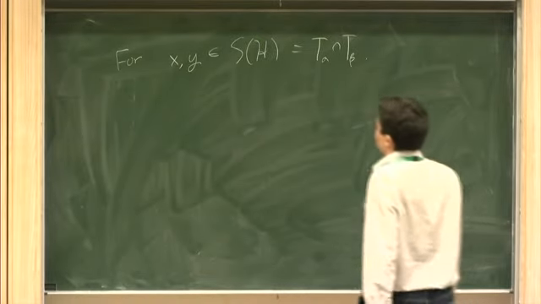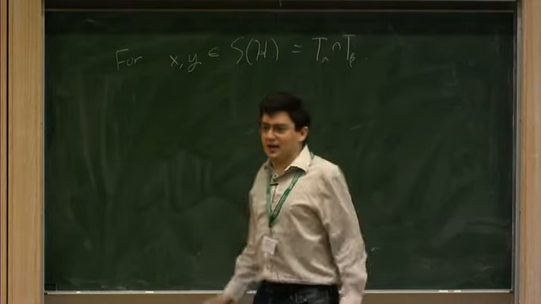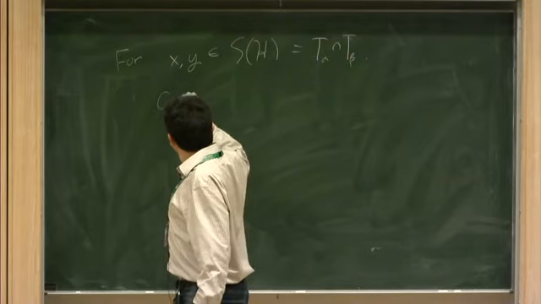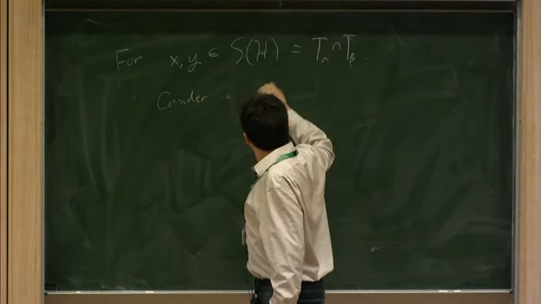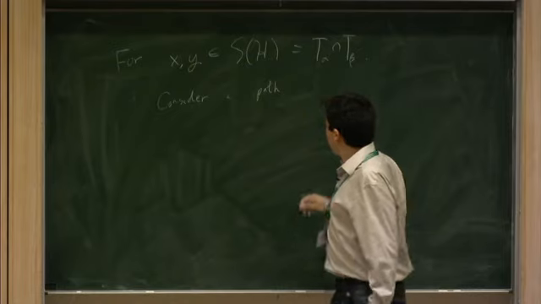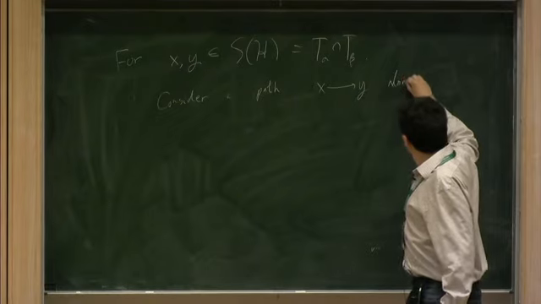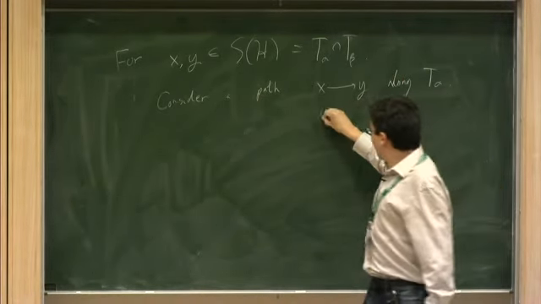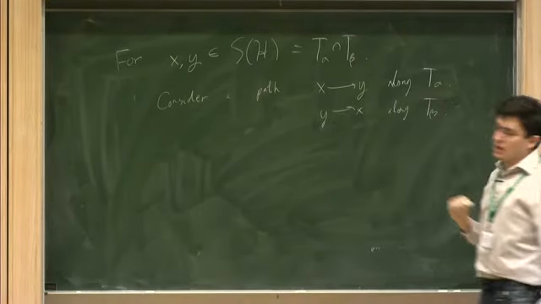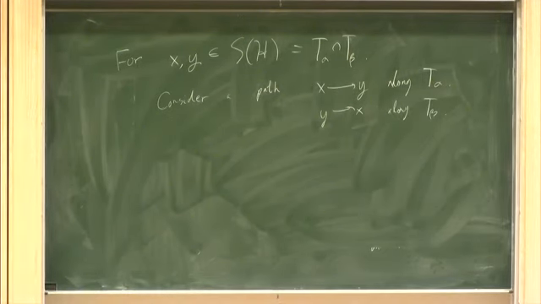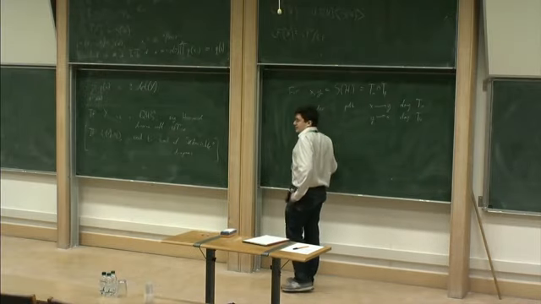Let's consider a path that goes from x to y along T alpha, and then back from y to x along T beta.